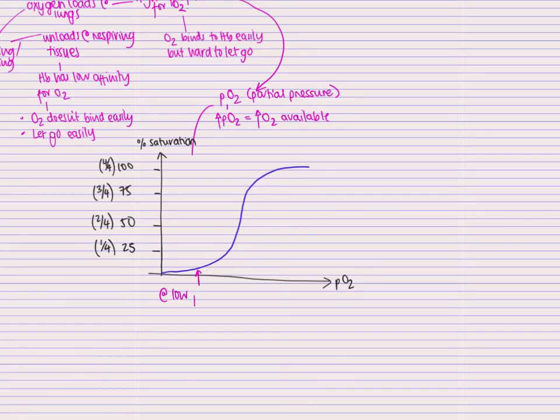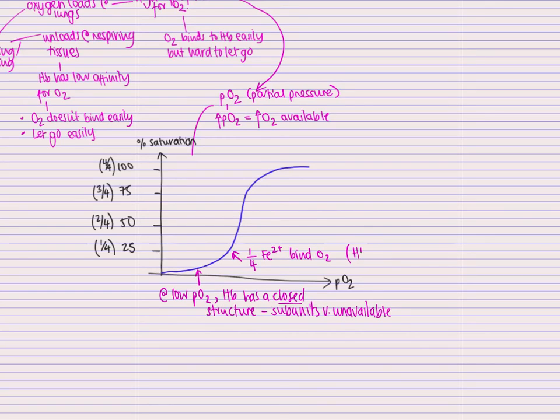So we'll start down here. At low partial pressures of oxygen, hemoglobin has a closed structure. Okay, so none of the subunits, or the subunits are very unavailable. It's nice and closed. But eventually, 1 out of 4 of those hemoglobin subunits, so 1 out of 4 Fe2+, bind oxygen.